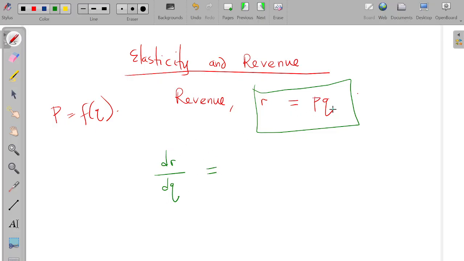Now, this is a product rule. So you hold on to P, derive Q, hold on to Q, derive P. But don't forget P is a function of Q. So if I derive that, I will have P, I'm holding on to P, I derive Q, that is 1, plus hold on to Q and derive P, and then you're going to get the dP over dQ.